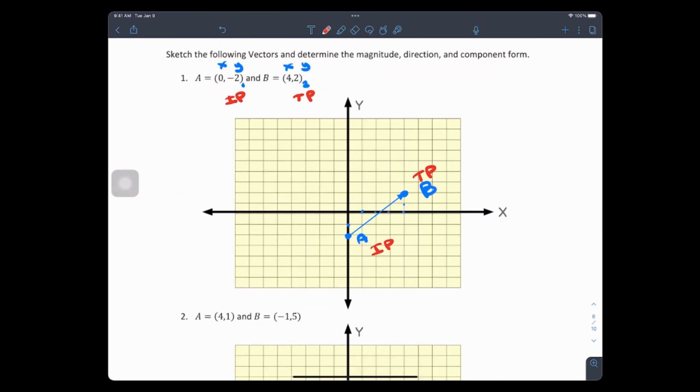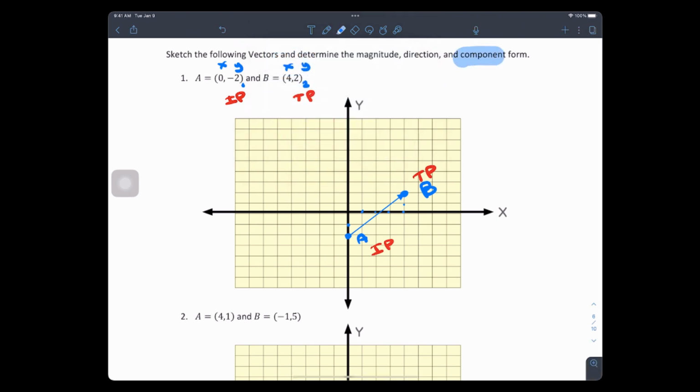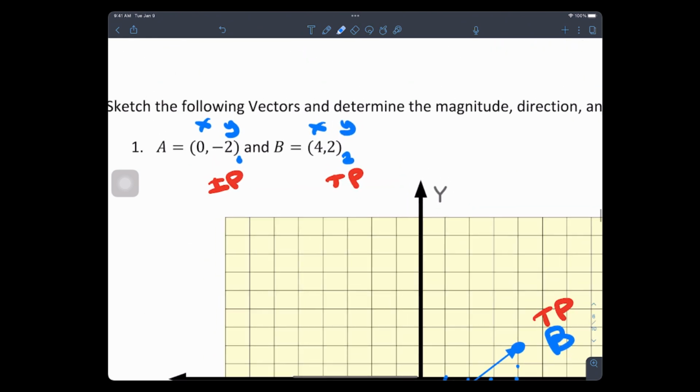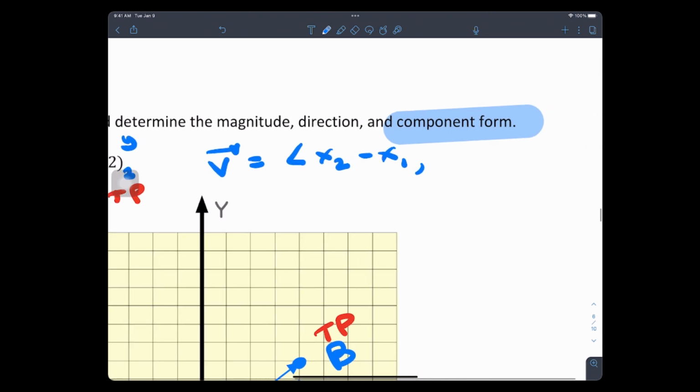So how do you think we're going to get the component form here? Right? You're going to use the definition. So vector v in component form is going to be what? x2 minus x1. That's the horizontal component. y2 minus y1. That's the vertical component.